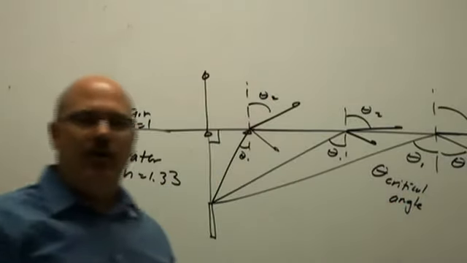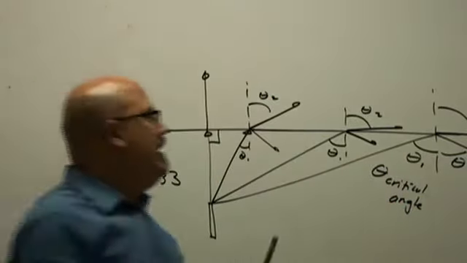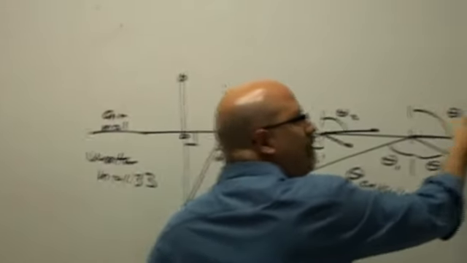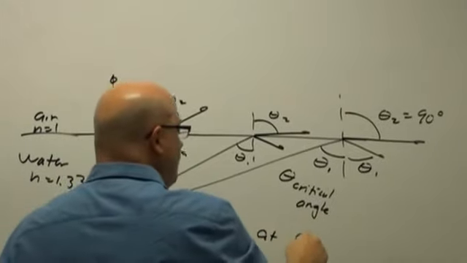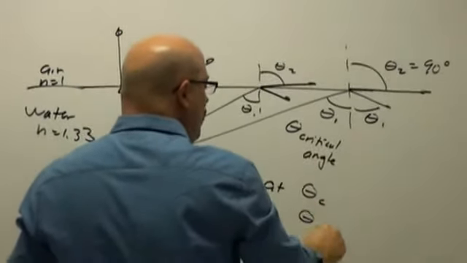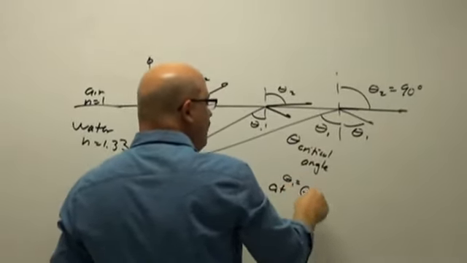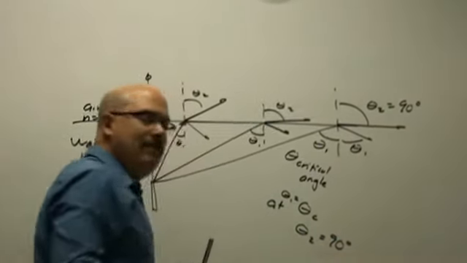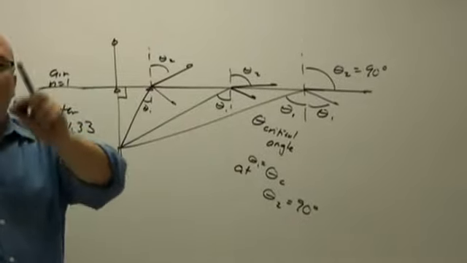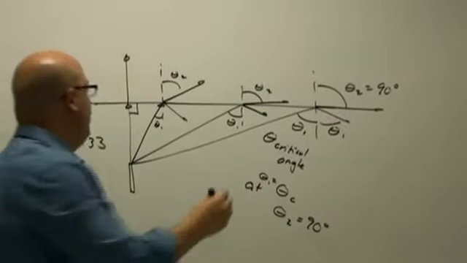Okay, when you're at this angle, the critical angle, your refracted angle equals 90. So at theta critical, theta 2 equals 90 degrees. Okay? All right, here's the deal. What if you go beyond the critical angle?